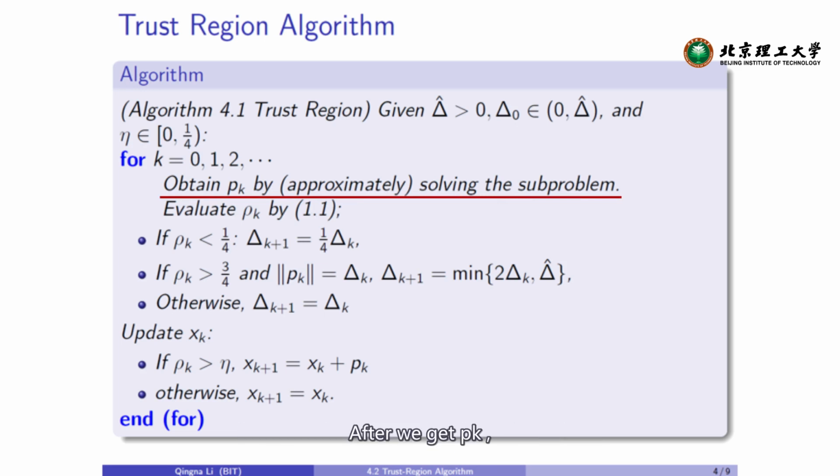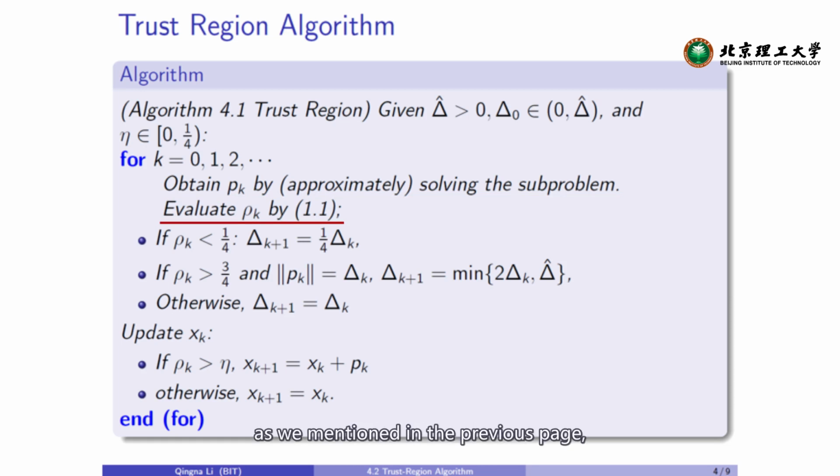After we get p_k, we can calculate rho k by our formula. As we mentioned on the previous page, this rho k shows the agreement of the model function and the original function. So based on different cases of rho k, we update the trust region in the following way. If rho k is smaller than a quarter, then we shrink the step size by a quarter.